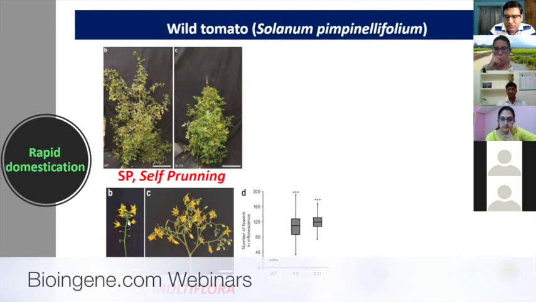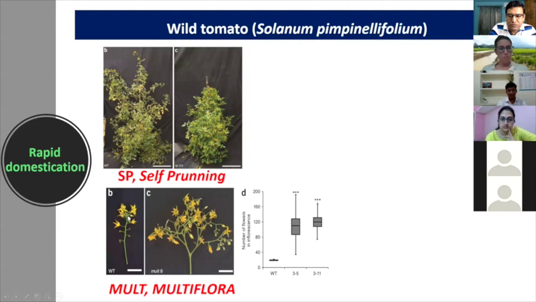You can see the inflorescence here. The number of flowers in the inflorescence is very low, whereas the one edited with CRISPR-Cas9 has a significantly higher number of flowers in a single inflorescence.